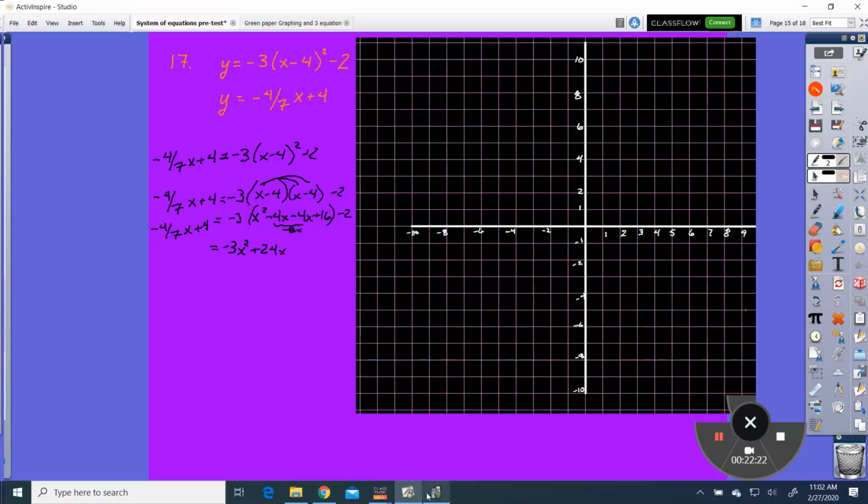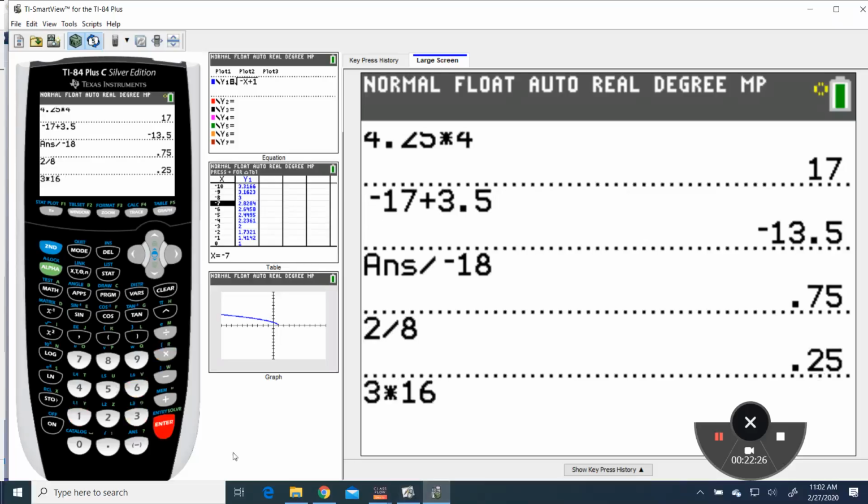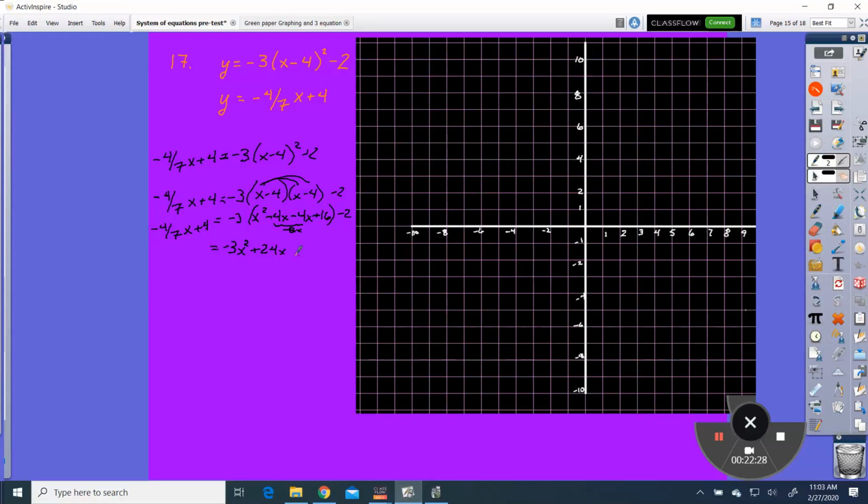3 times 16 is 48, just to make sure. So that would be a negative 48 minus 2. We would still have this stuff over here. So then on this side I could combine like terms. So 48 and 2 make negative 50. So anyways, I'd get to this point, and then I'd minus this 4.